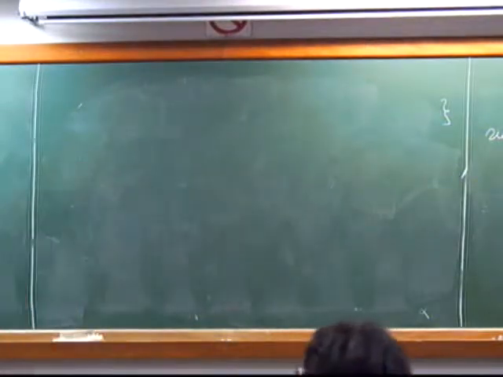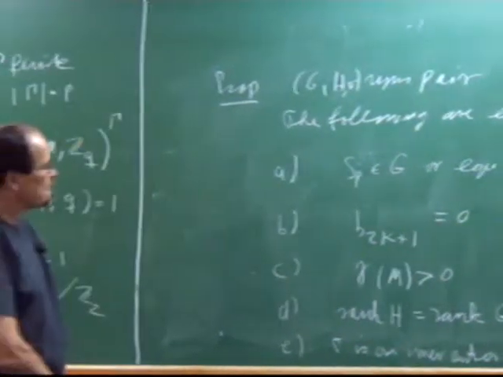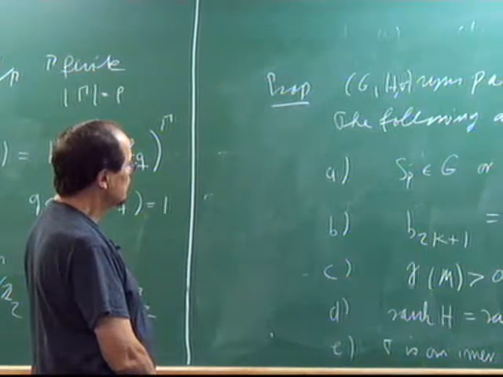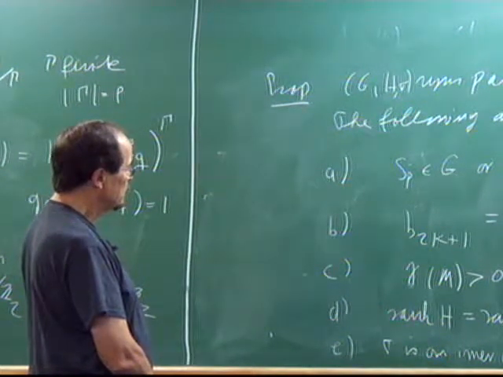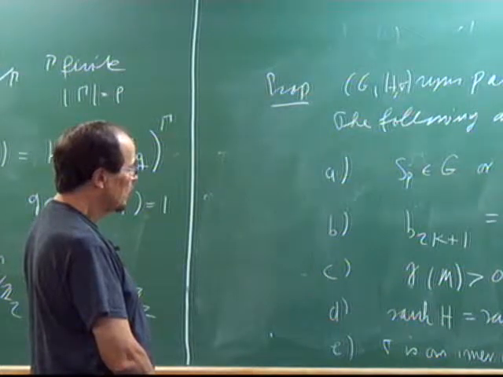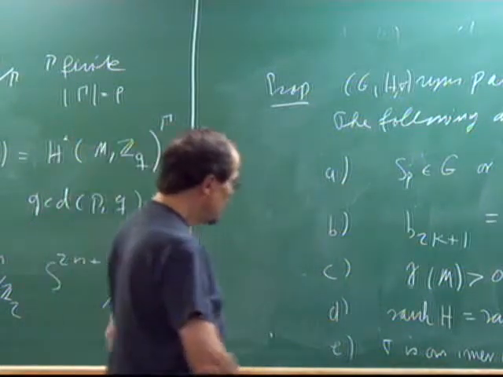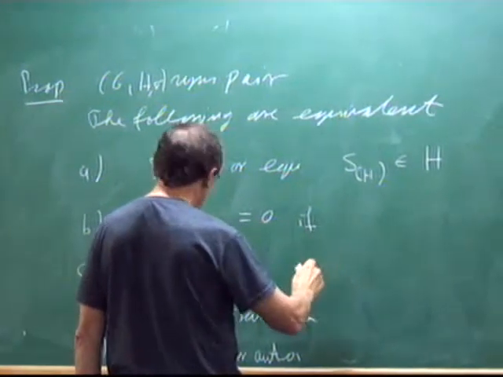So in particular, these two properties here are, again, topological consequences of a symmetric space. I guess in B and C I should assume it has compact type.